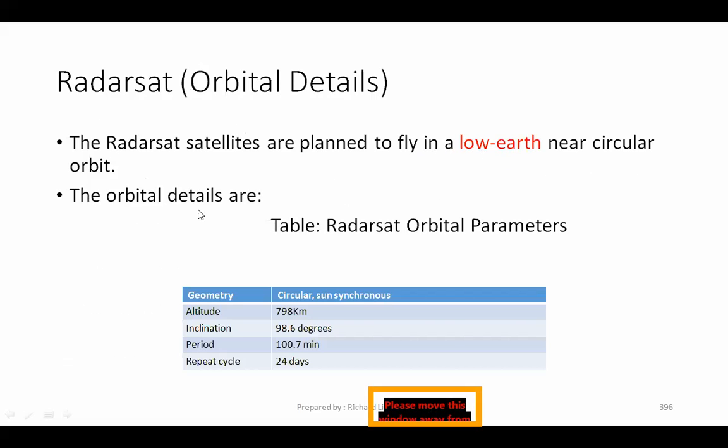It flies at an altitude of about 800 kilometers, the inclination is 98.5 degrees, and its period is about 100 minutes. It takes about 24 days to repeat, which means it comes back to its original state. So these are some of the details with regards to Radarsat.